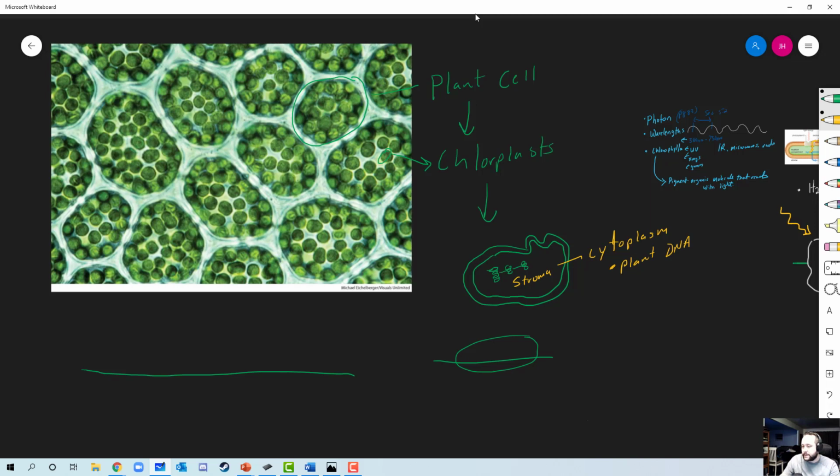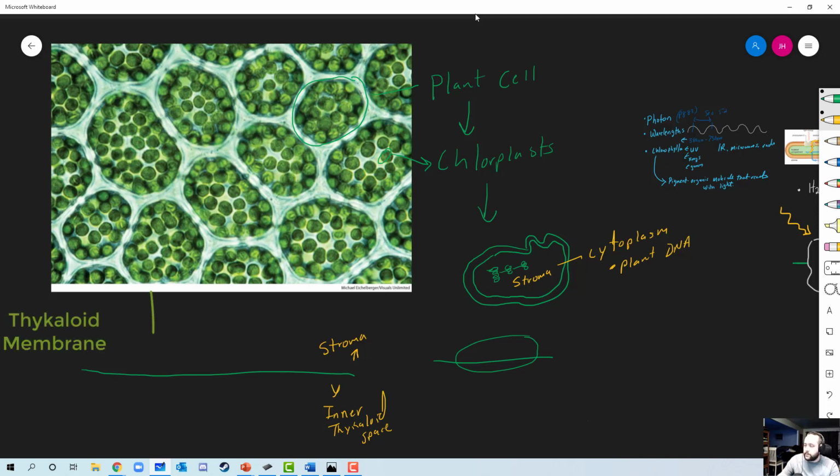But in terms of this drawing here, you can say this would be the stroma side, and this would be the inner thylakoid space, because this continuous compartment, this inner membrane here, is called a thylakoid membrane.